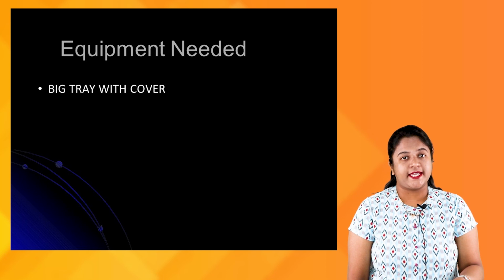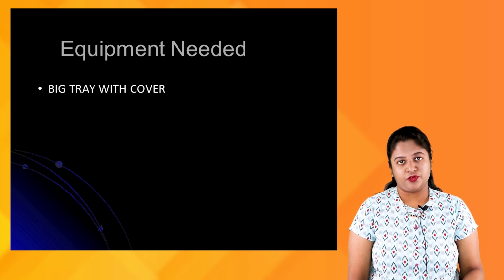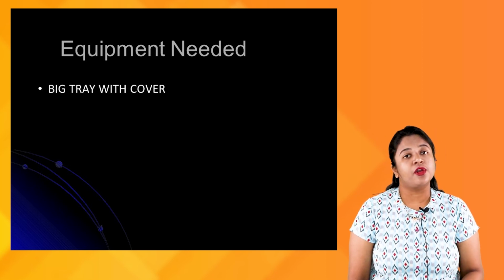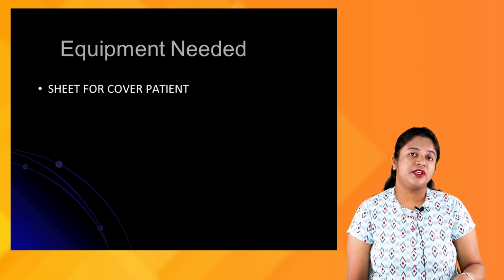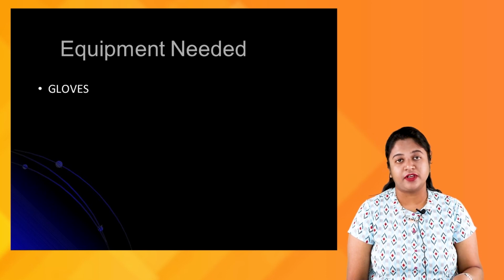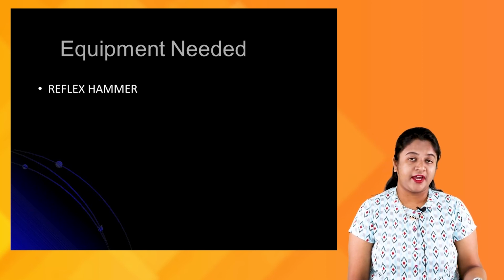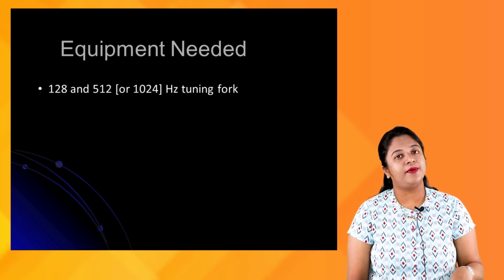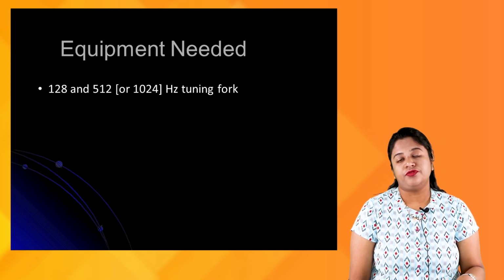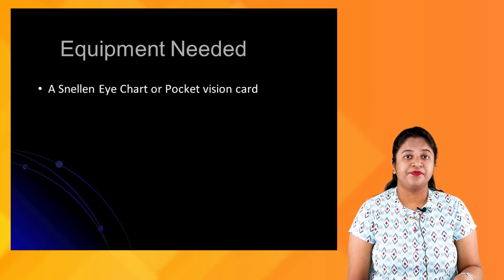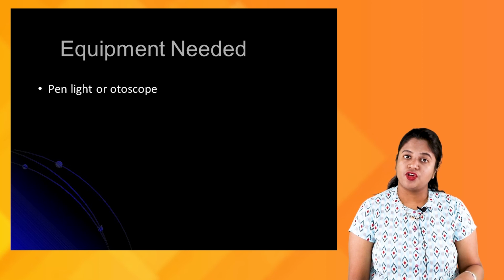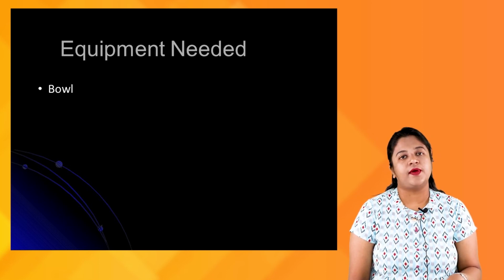When you do a neurological examination, we require certain equipment. So what is the equipment required? You need a tray with a cover, then a sheet to cover the patient, a pair of gloves, and a reflex hammer that you may require to do the reflexes assessment. You may require tuning forks to assess the function of the hearing ability. Then you require the Snellen's chart for visual acuity, a pen light or otoscope, cotton swab, as well as the bowl.